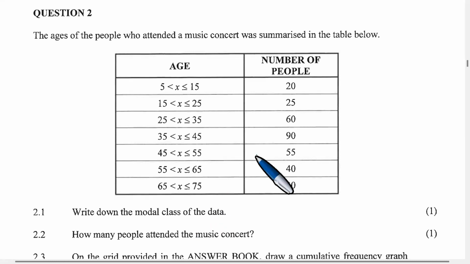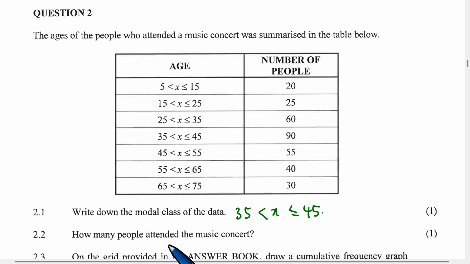The modal class is the one that has the highest frequency. And the highest frequency, for example, we can see is 90, because this is 20, 25, and 90 is the biggest of these. Therefore the modal class is this one here, from 35 to 45.